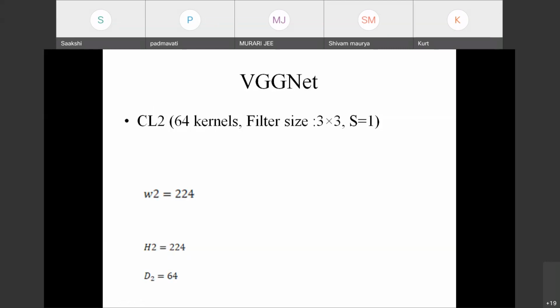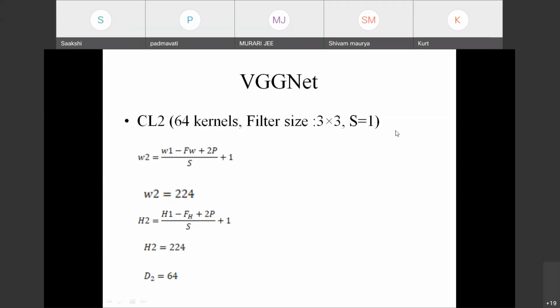With that, I will be getting the output width as 224 only. Even the height will remain the same, 224. Depth will also remain the same because we are applying 64 different kernels, filters for this particular convolutional operation.